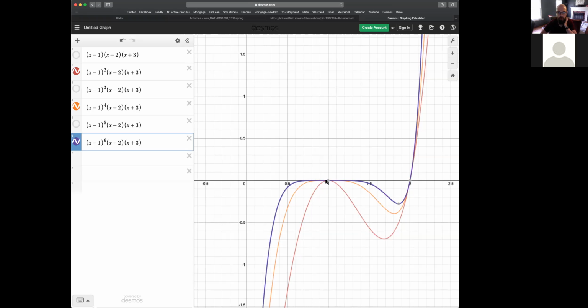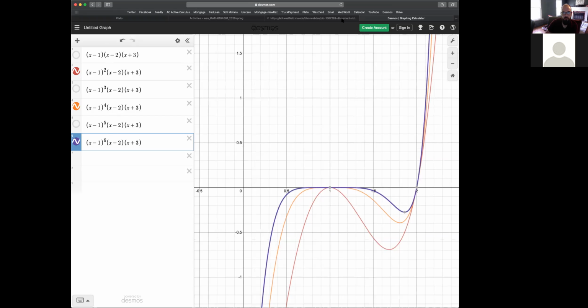You might not know exactly what the multiplicity is, but there's a very distinct visual difference between an even multiplicity and an odd multiplicity. It depends if it's going to cross the axis at that particular point. So without even factoring, we haven't done a whole lot of algebraic manipulation, but we're looking for patterns in our structure here, and we're able to pick out behaviors based on those patterns.